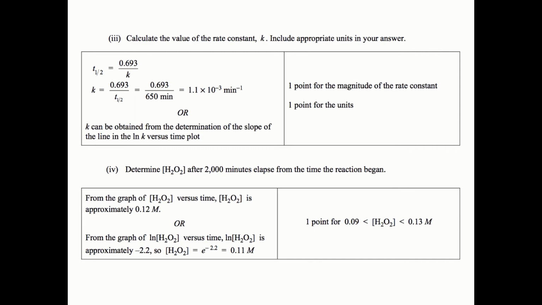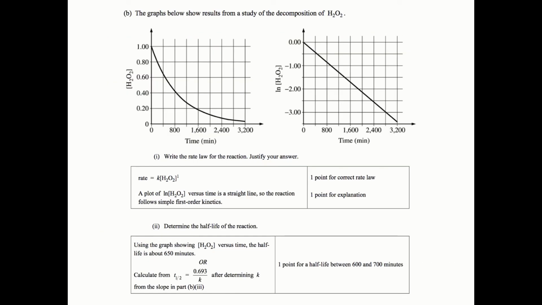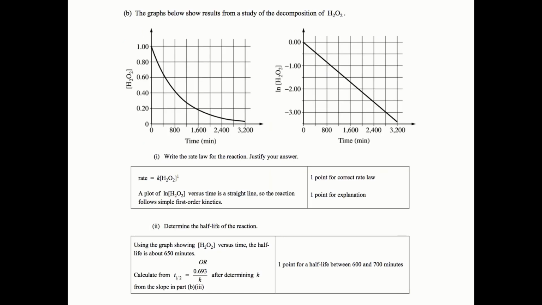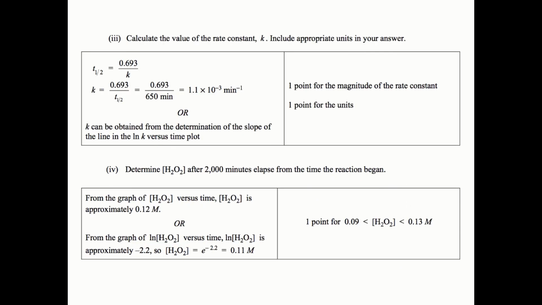In part IV, it says determine the concentration of H2O2 after 2,000 minutes elapse from the time the reaction began. Again, 2,000 minutes, so you've got to look on the graph and figure out what that would be. If you look back at the graph, at 2,000 minutes, it's going to be approximately 0.12 molar.